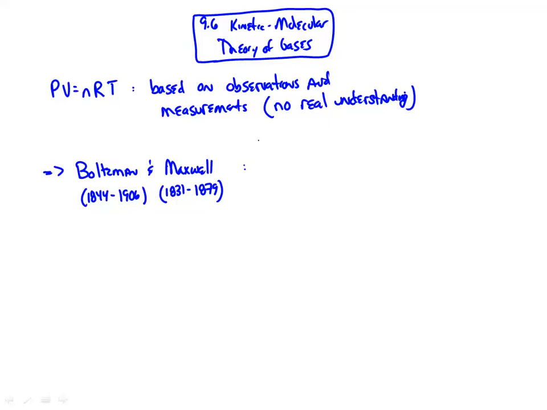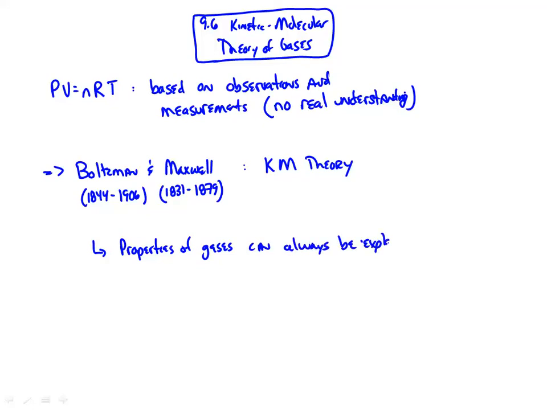And they came up with this kinetic molecular theory of gas. So I call it KM theory because kinetic molecular is a lot of things to spell and write out. And basically what their premise was is that the properties of the gases can always be explained by the motion of individual atoms.